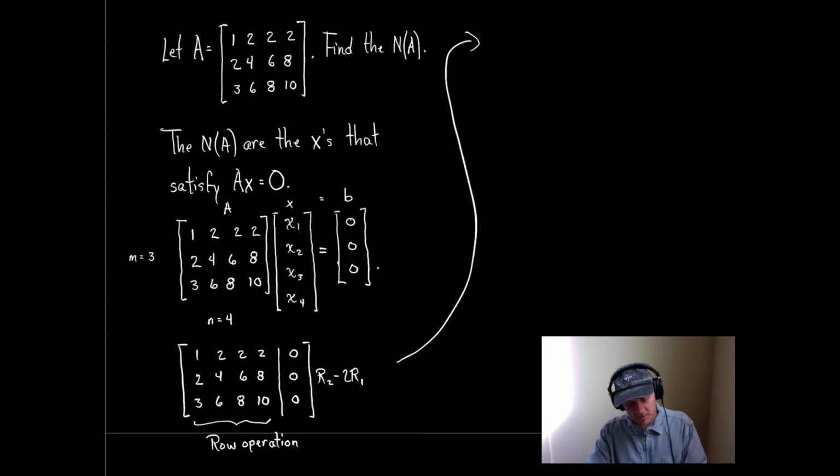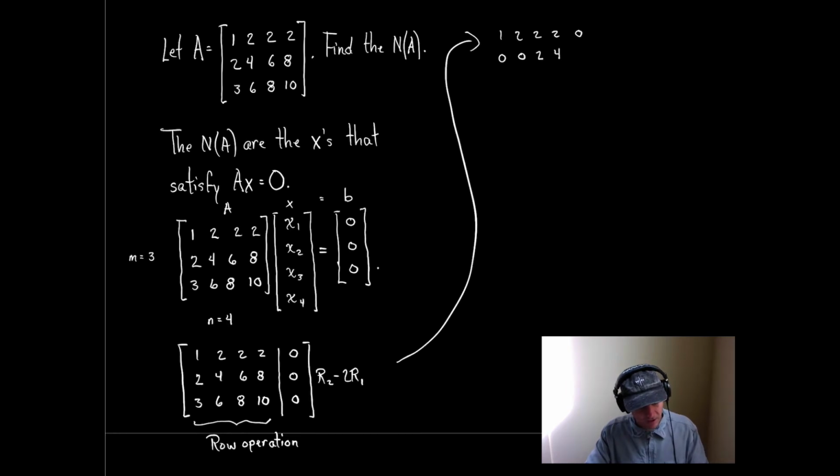This would give me the new matrix: 1, 2, 2, 2, 0. And then 2 minus 2 is 0. 4 minus 4 is 0. 6 minus 4 is 2. 8 minus 4 is, whoops, I put a 4, that should be a 0. I'm sure you didn't do that.